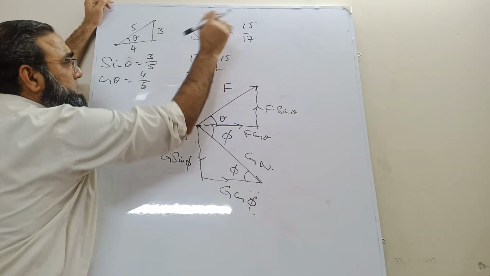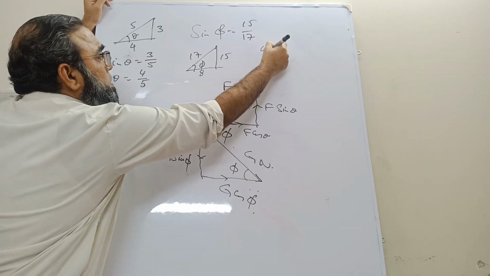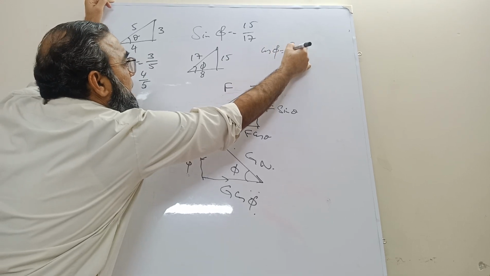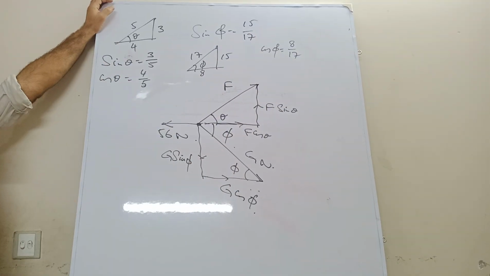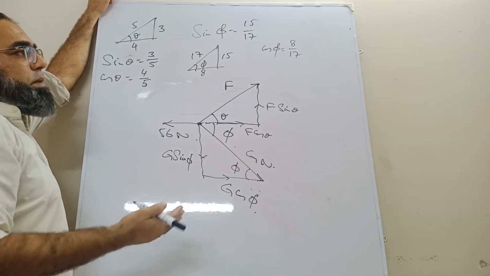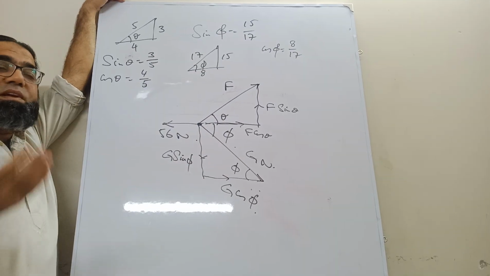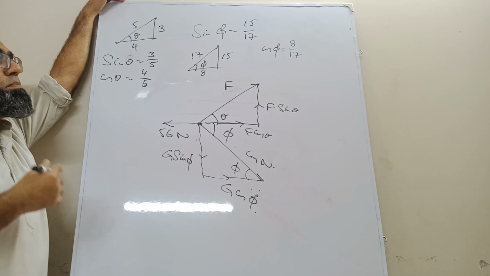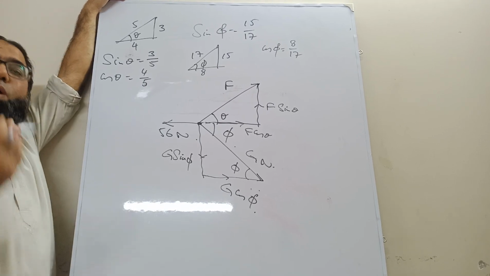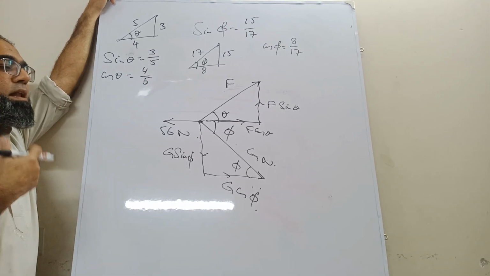So if sine phi is 15/17, then your cos phi would be 8/17. Again, we don't need the value of phi or theta. We do need the values of sine phi, cos phi, sine theta and cos theta.